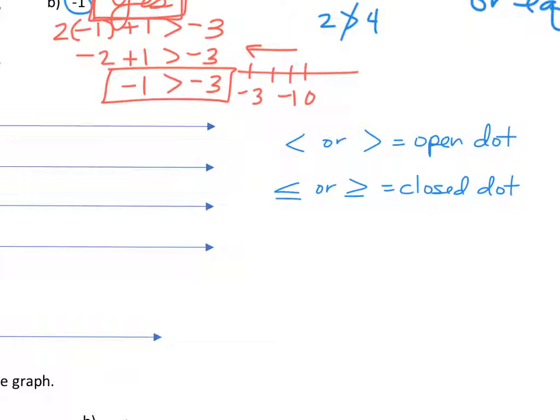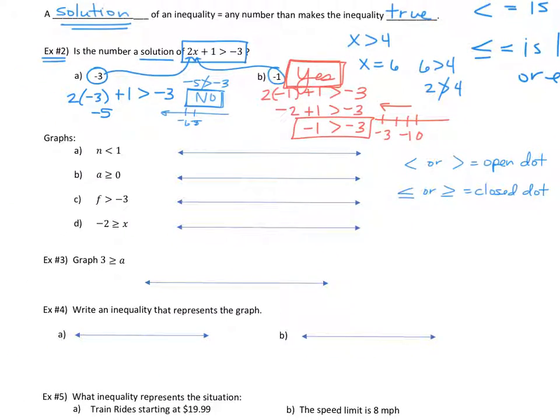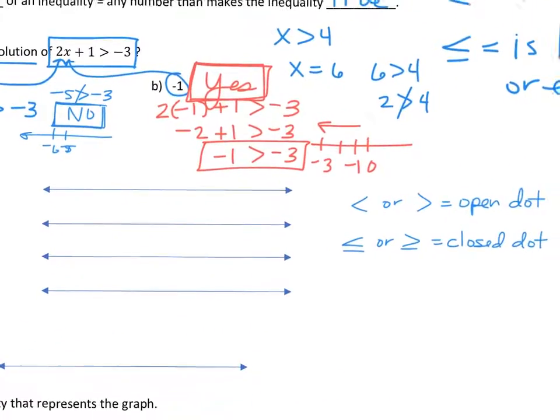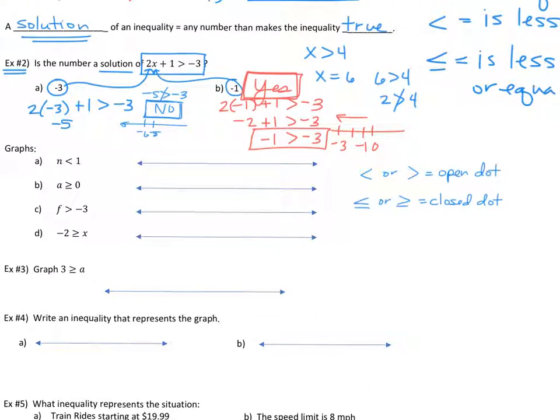Let me just show you on this first one. So this first one says that n is less than 1. Okay? Typically what I do is I say put in a 0 just so we have a frame of reference. You don't need to count how many spaces there are. Just put the number in that we're working with.